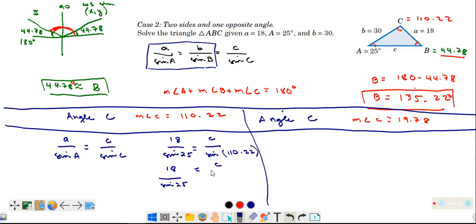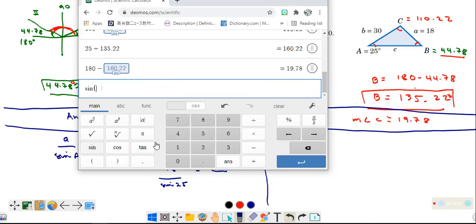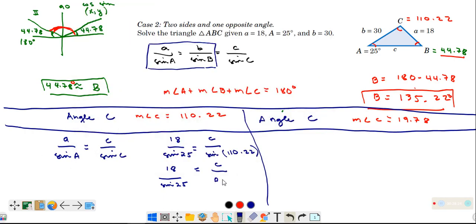So, C over sine 110.22, that is equal to 0.9383. So, multiply both sides by 0.9383.